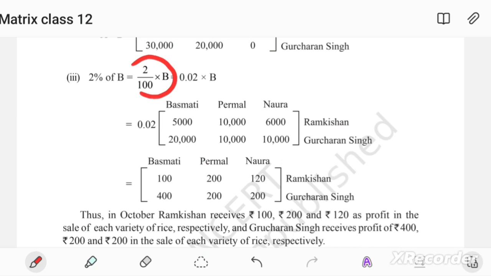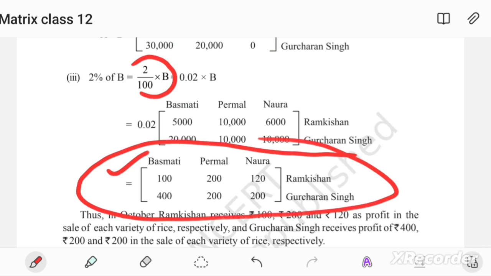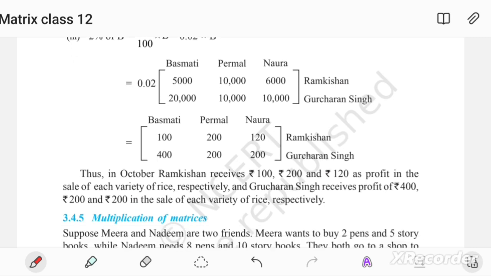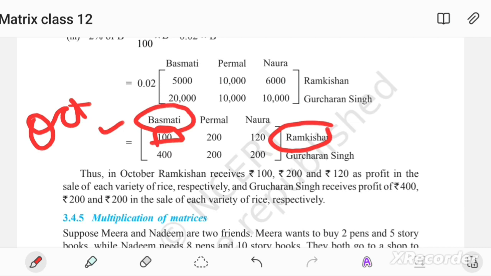What does this matrix represent? This matrix represents the profit that the two farmers are earning in the month of October. The matrix is showing that Ramkishan is having a profit of 100 rupees on selling basmati rice in the month of October.